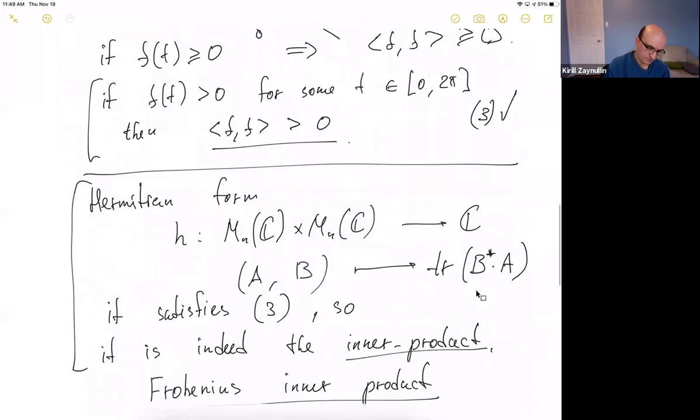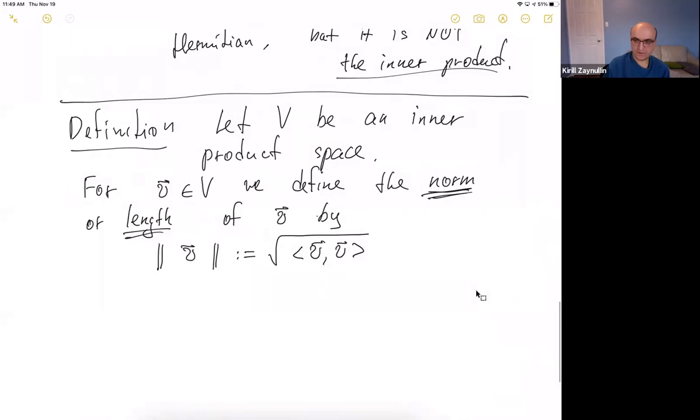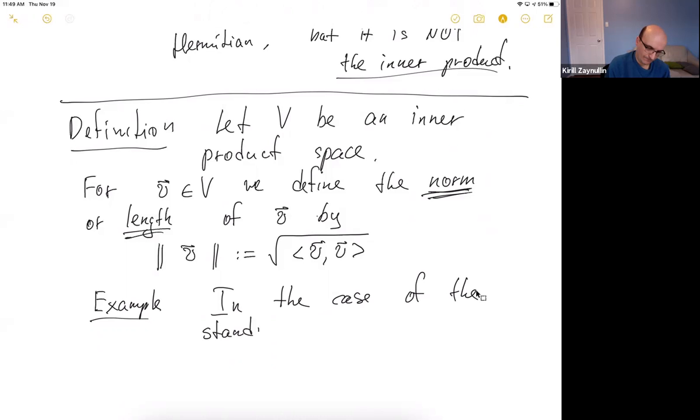Okay, so this is a length. And now, for instance, in the case of the standard inner product, what's the length of the vector with complex coordinates v1 to vn?